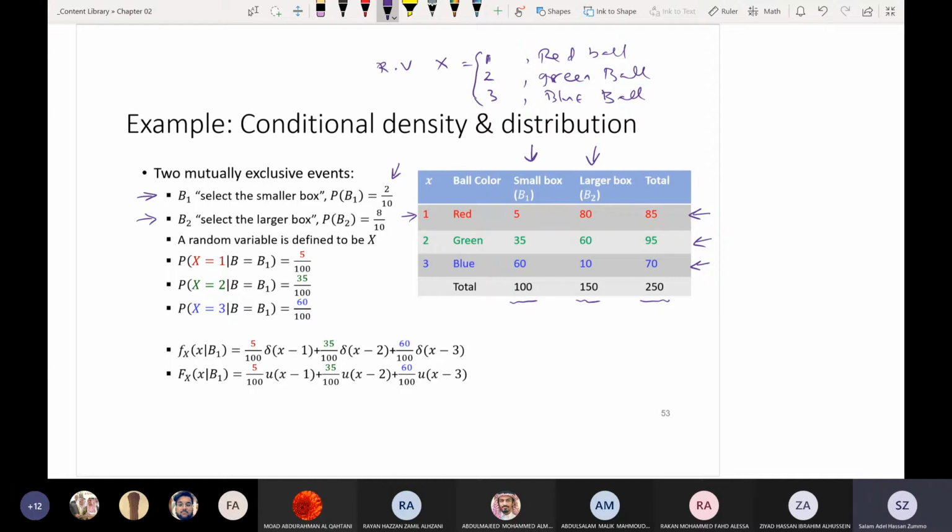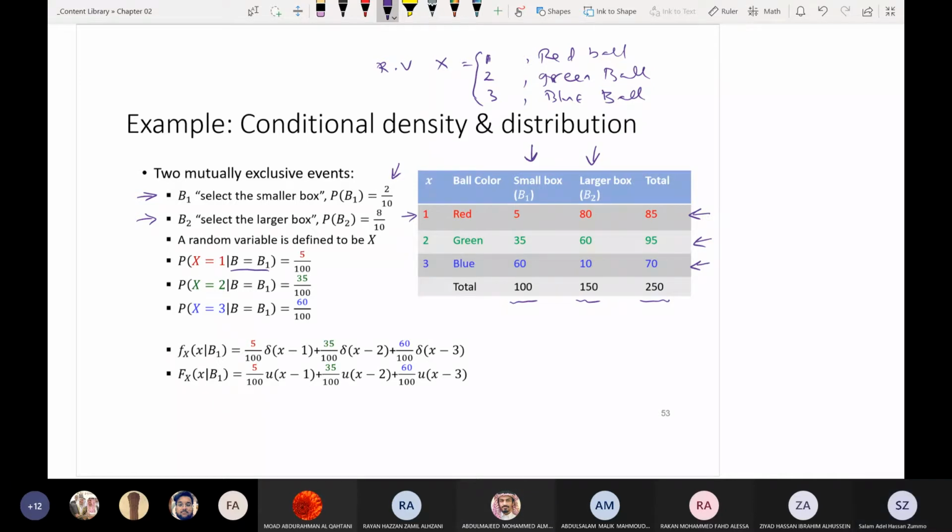So the probability that X equals 1 given box 1 was selected, what is that probability? 1?